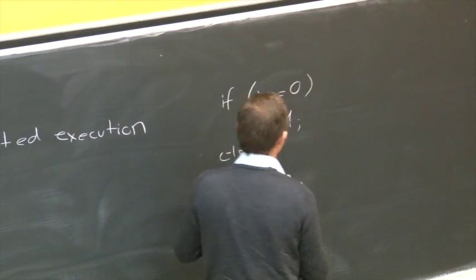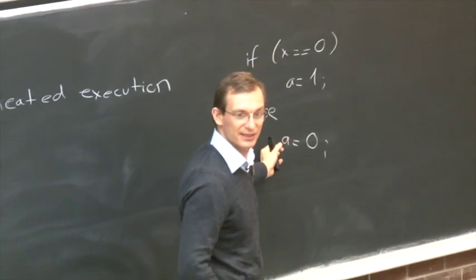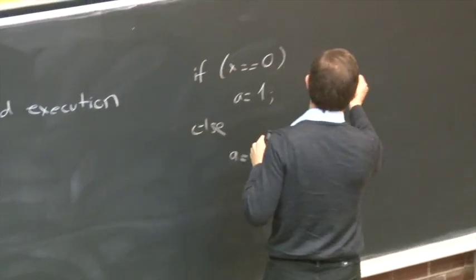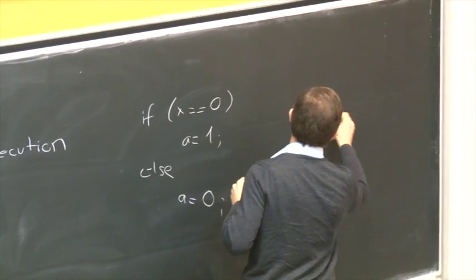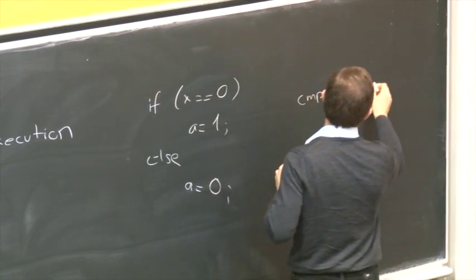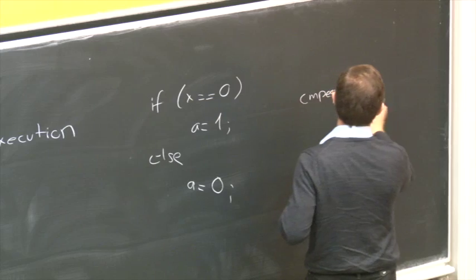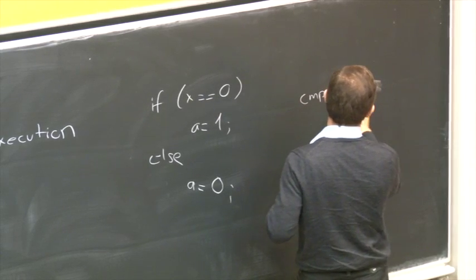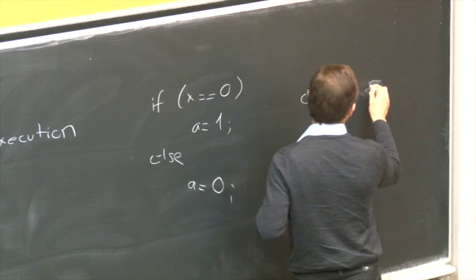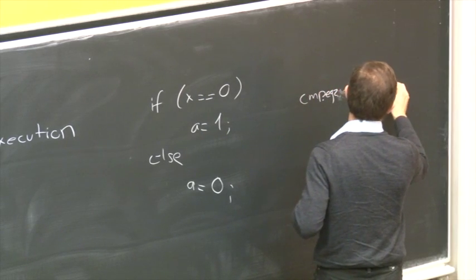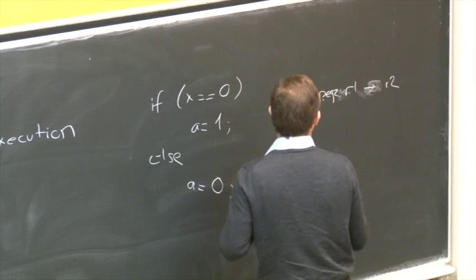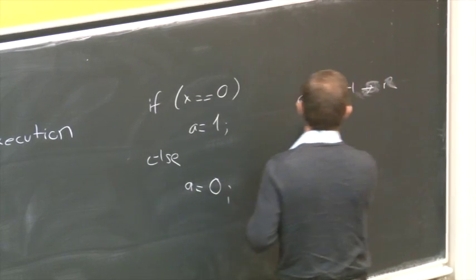One way of implementing this is using branches, right? You could have an instruction that compares x, let's say x is in register 1, to 0. There are a lot of architectures that do this. Compare equal to 0, R1, and set the result in R2, or set the result in a condition code.